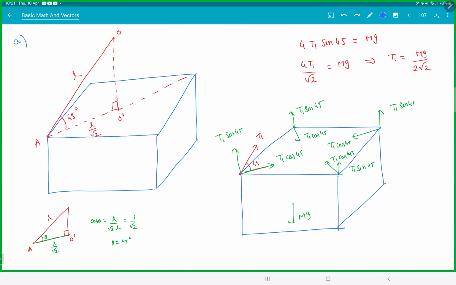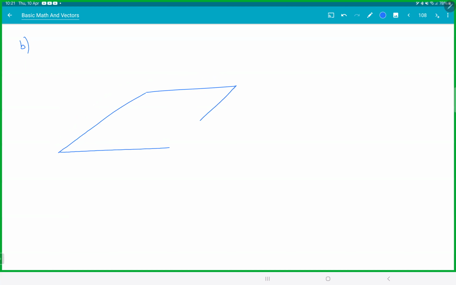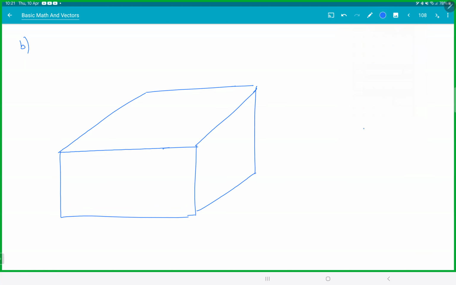So just draw the geometry again. So from here, you are going to the top, and if you drop a perpendicular, now this is a midpoint, right?